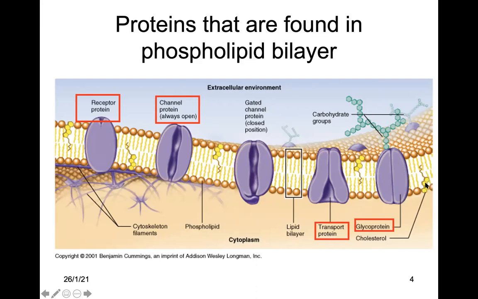So here is the cholesterol. The function of cholesterol is to strengthen the structure of the phospholipid bilayer. As you know, the phospholipid bilayer should be firm and stable. Why? Because there are so many substances that will move in and out of the cell.